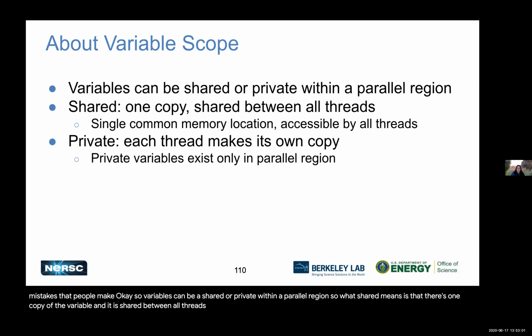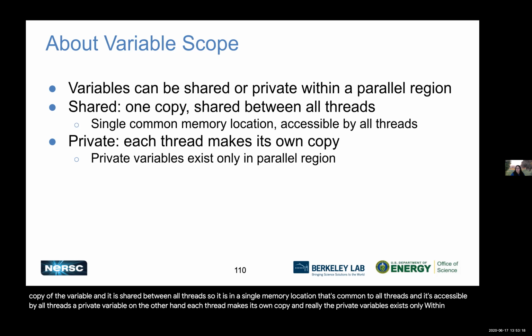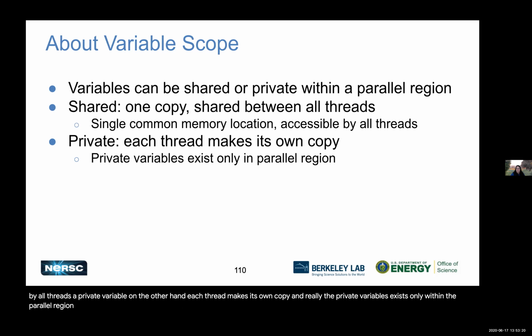So it is in a single memory location that's common to all threads, and it's accessible by all threads. A private variable, on the other hand, each thread makes its own copy. And the private variables exist only within the parallel region. And when you get out of it, they don't exist anymore.